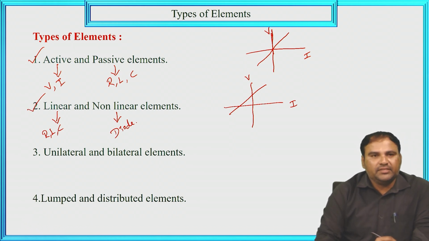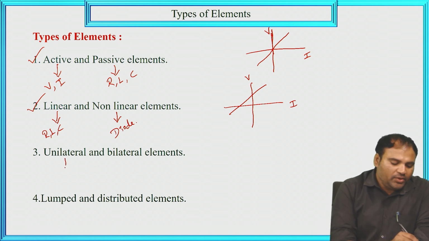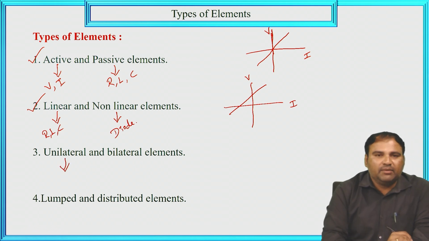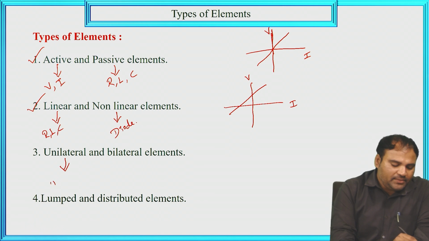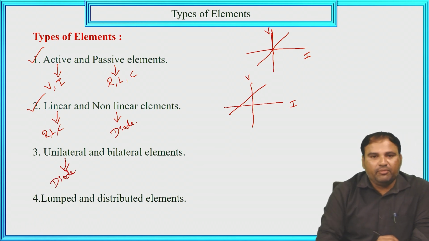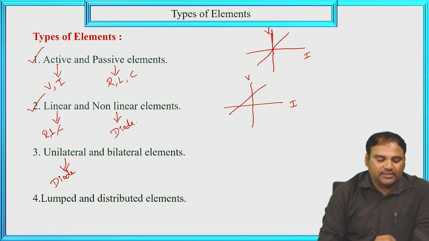And third type is unilateral and bilateral elements. Unilateral elements are those which have only one direction. An example for a unilateral element is the diode. Diode will work either in forward bias or in reverse bias.